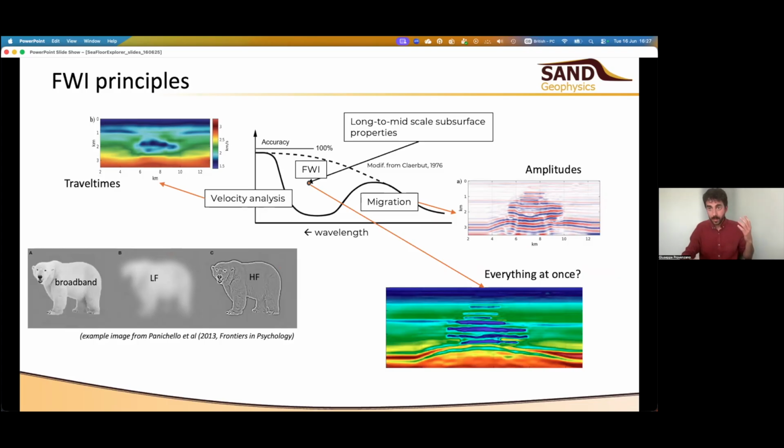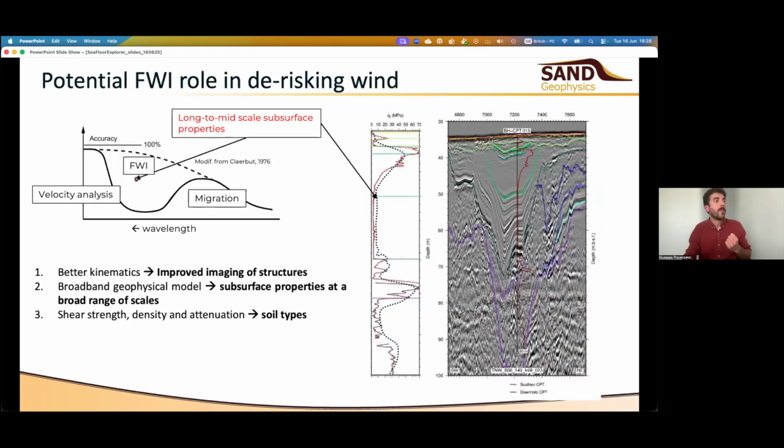So is it feasible to get the broadband bear from UHR data in order to inform ground models for wind farms? If it were possible, then we would have better kinematics, so improved imaging of structures. Here you see a beautiful channel and channel-filling sedimentary structures.